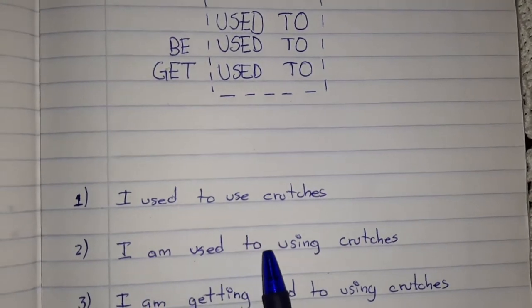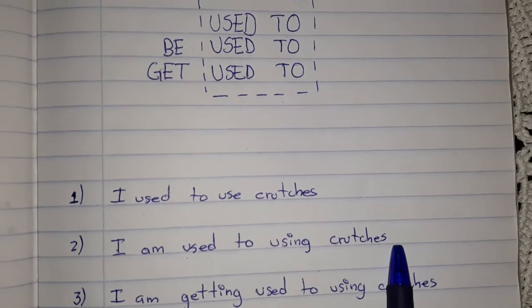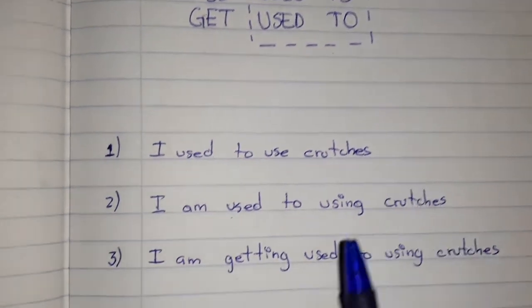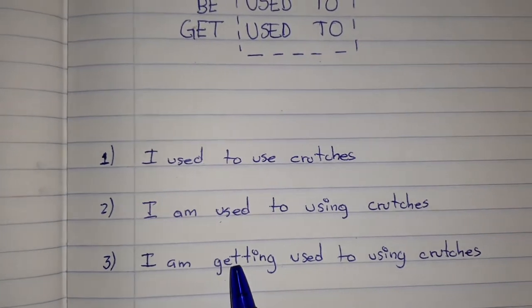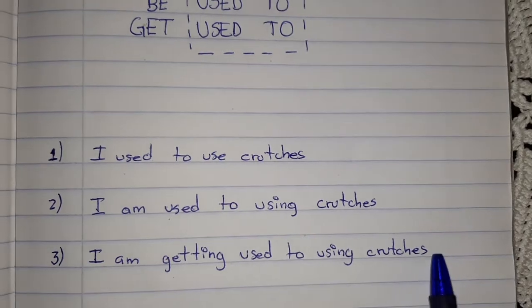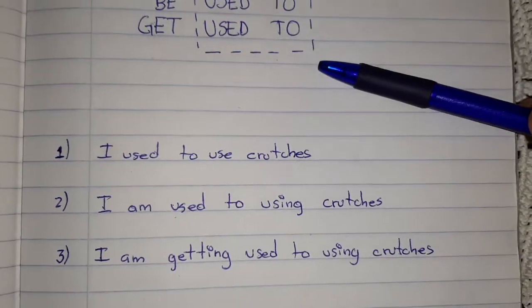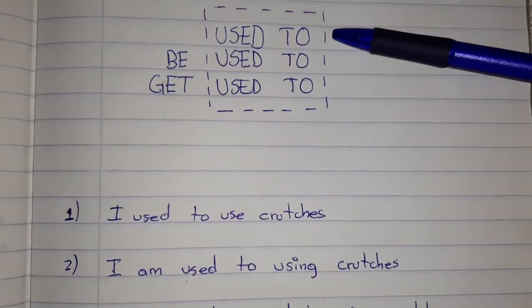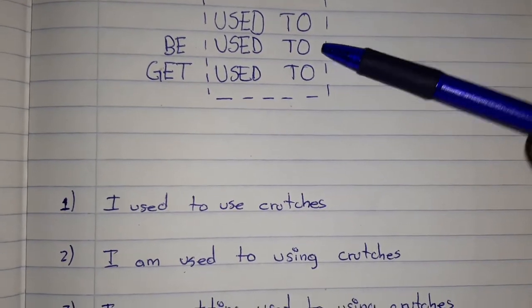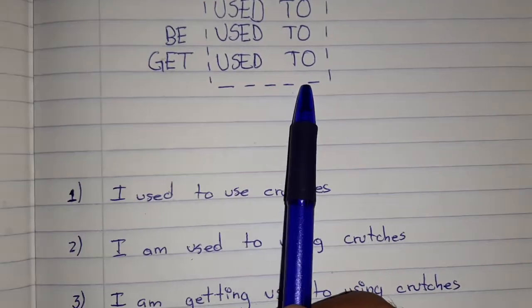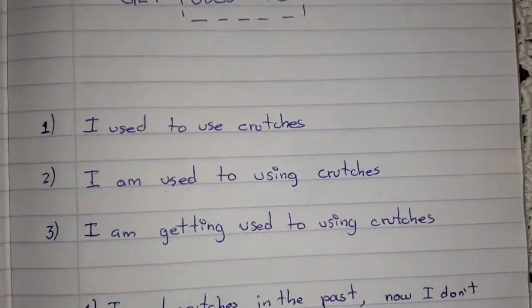I am used to using crutches. This is the second one. I am getting used to using crutches. This is the third one. As I showed you, or as I told you, this is in the past, this is in the present, and this is in the present, but I am still getting comfortable to do something.